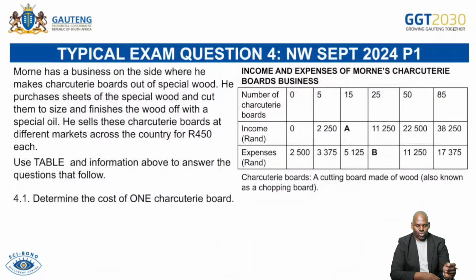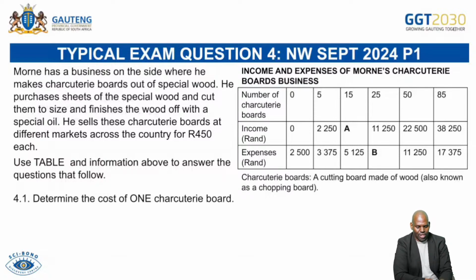Right, then the next typical exam question is: Morne has a business on the side where he makes charcuterie boards out of special wood. He purchases sheets of the special wood, cuts them to size and finishes the wood off with a special oil.